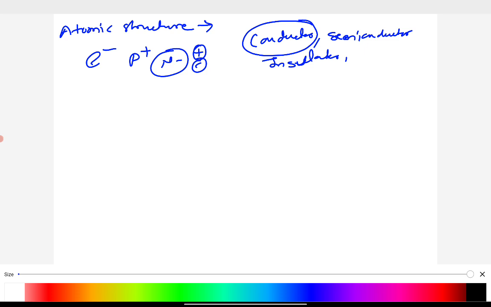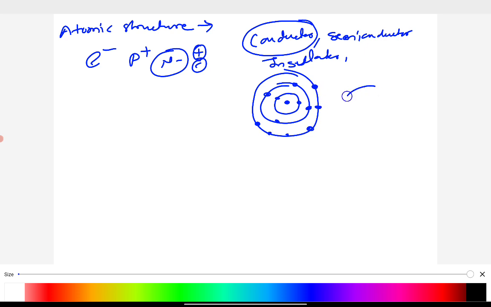If this is the atom, these are the orbits, and the electrons are moving around these orbits likewise. Every atom has some free electrons to recombine with the nearest atom.